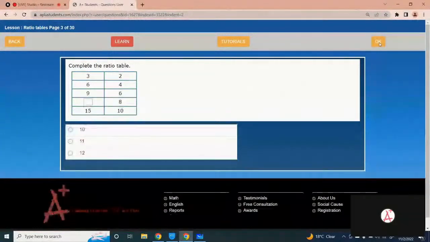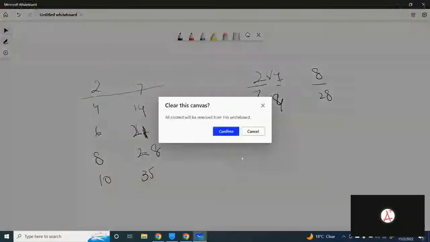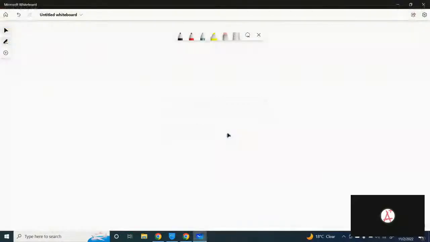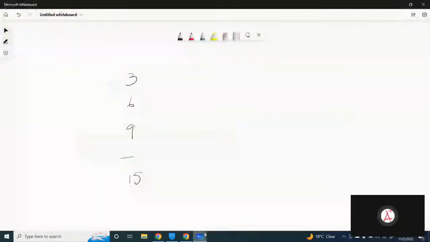Okay, the table is 3, 6, 9, the missing number, and 15, and the other one is 2, 4, 6, 8, and 10. So the first one is 3 over 2.